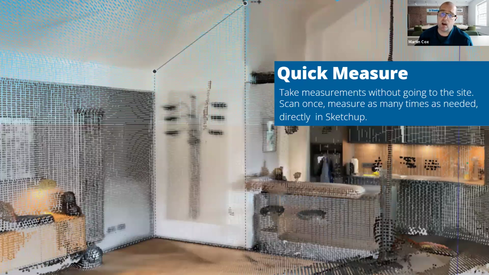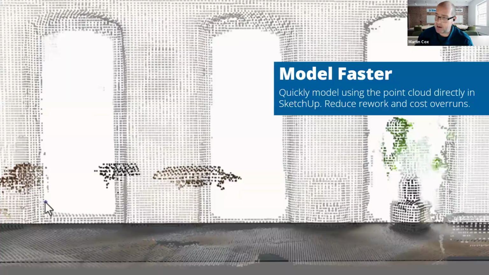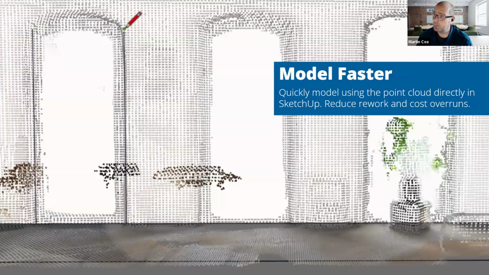Or, if it's a larger space, I would recommend using a more professional LiDAR scanner for those spaces. Using the 3D space here also makes it easier. You can utilize those points to model as well, so you can pick up on those points.